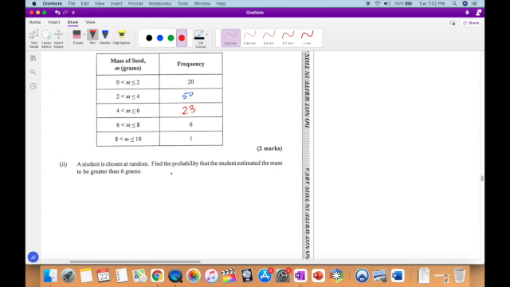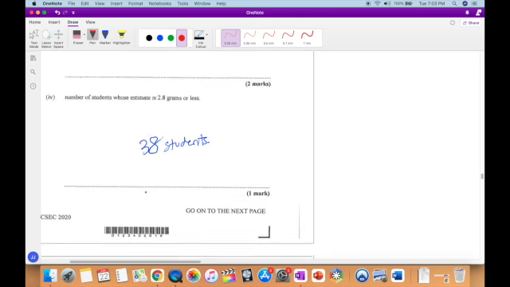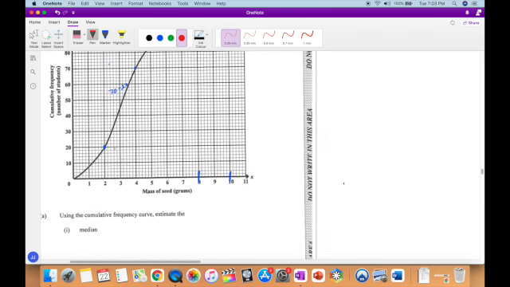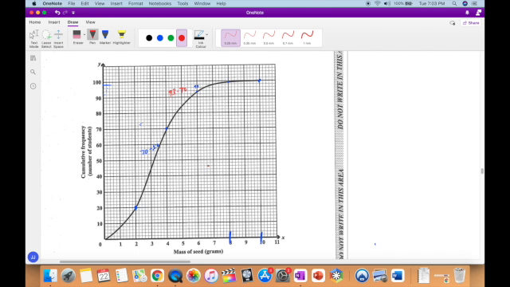And well, the rest of it is already filled out there for us. A student is chosen at random. Find the probability that the student estimated the mass to be greater than 6 grams. So how many students thought the mass was greater than 6 grams? Well, if I look at it here, 6 grams, that is 93 students.